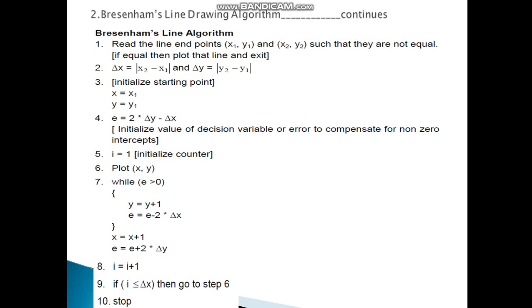Step 6 is to plot x, y. Then step 7: while E is greater than 0, y equals y plus 1 and E equals E minus 2 times delta x. There is another formula: E equals E plus 2 delta y minus 2 delta x.